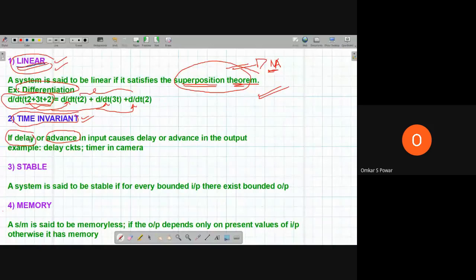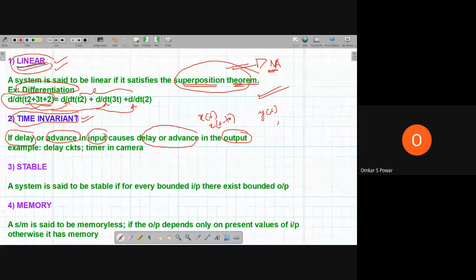If a delay or advance in the input causes a delay or advance in the output, then it is time invariant. If your input is x of t and your output is y of t, and there is a delay t minus t naught or t plus t naught, then a corresponding delay should appear in the output. Then only it is time invariant.